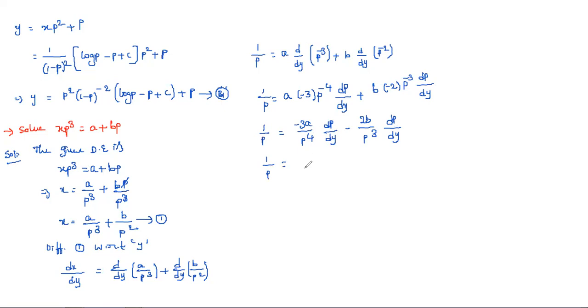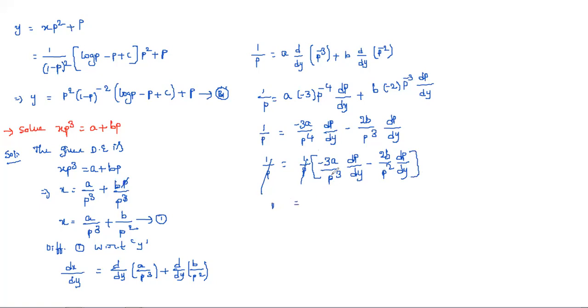You can take 1 by p as the common one. If you take 1 by p as common, what about the remaining? It is minus 3a by p cube dp by dy minus 2b by p square dp by dy. So here, if you observe, 1 by p and 1 by p both will cancel. What remains is 1 is equal to.